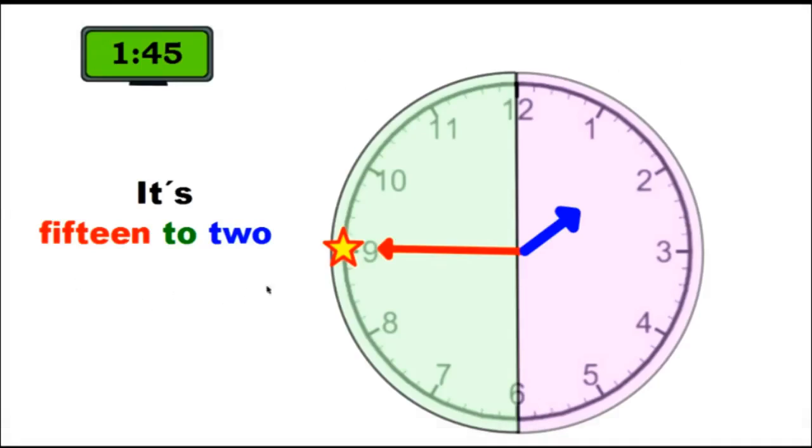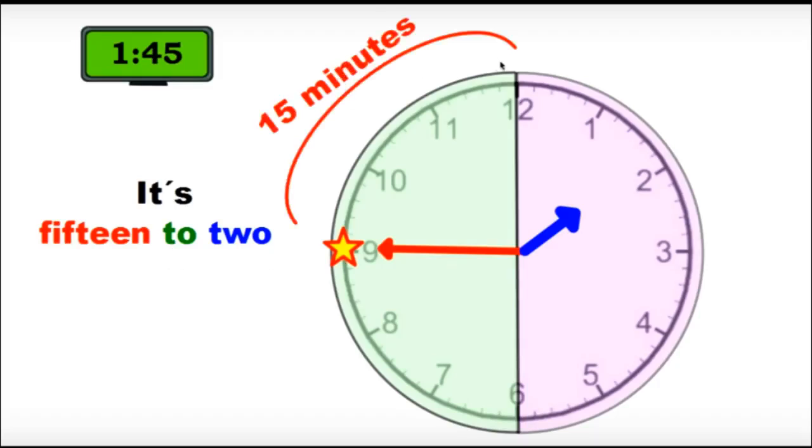We also use this when the minutes are here at 45. So what time is it? We can say it's 1:45, or it's 15 to 2, minutes to the next hour. Remember, this is 15 minutes to the next hour, 2 o'clock.